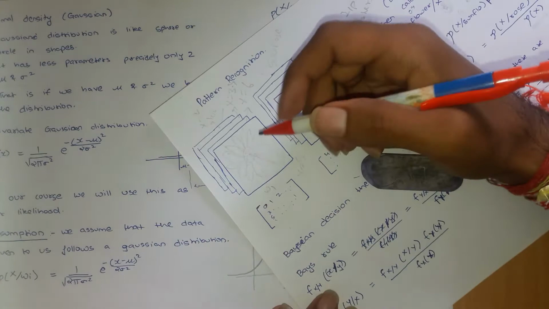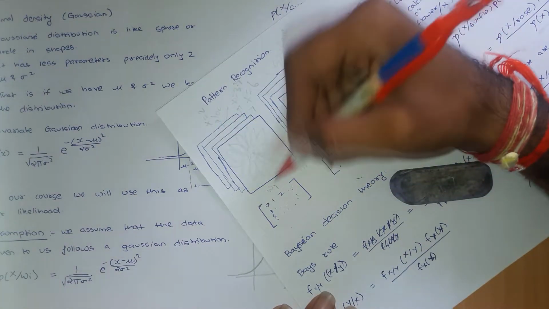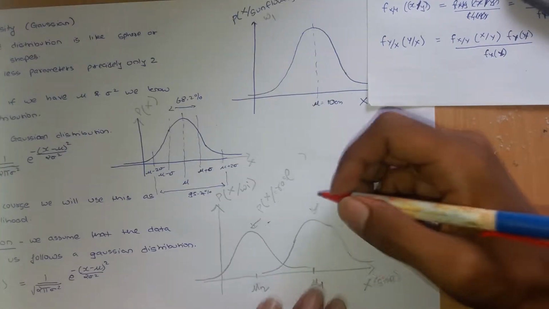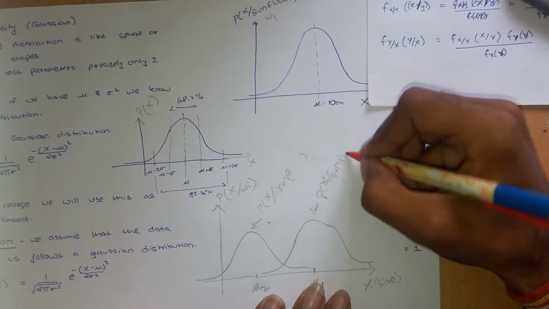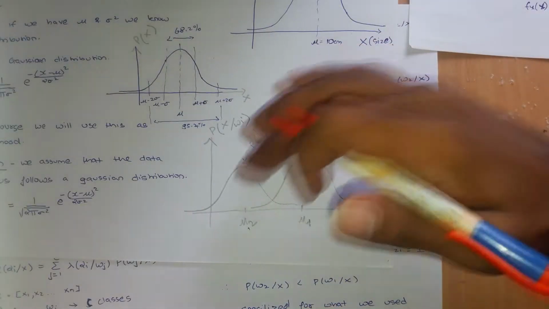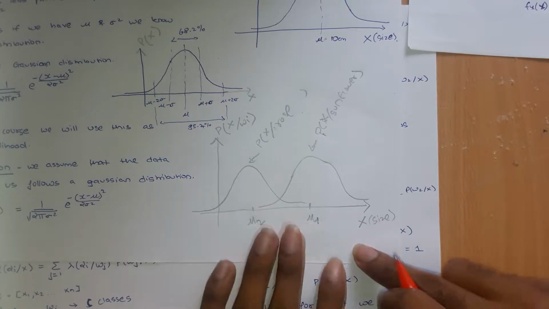And given that this is the data of sunflowers, I can calculate the probability of the different x of the sunflowers. So like this, we are basically visualizing both the probabilities as a function of x.